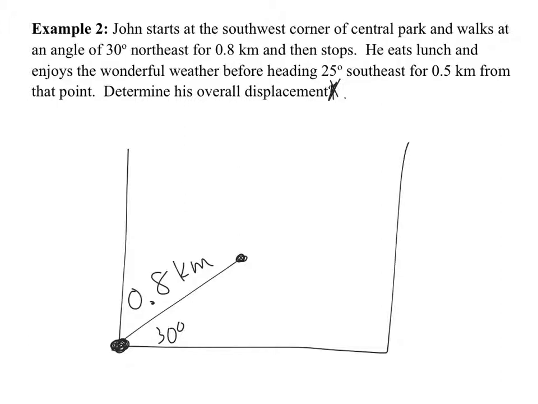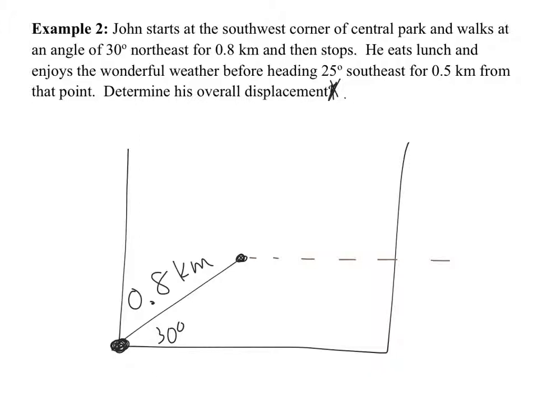What does he do next? He stops, he hangs out, he eats lunch, has a good time with the weather. And then what does he do? From that point, right? So here's what I'm going to do. Watch what I'm going to do, folks. Put a dashed horizontal line here. That's your new horizontal. A moment ago, the horizontal was the bottom of Central Park, right?